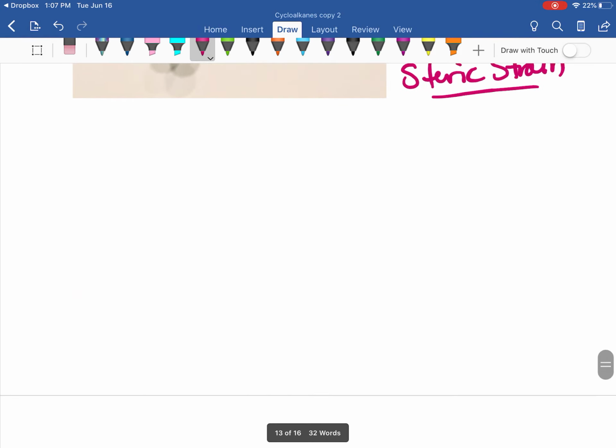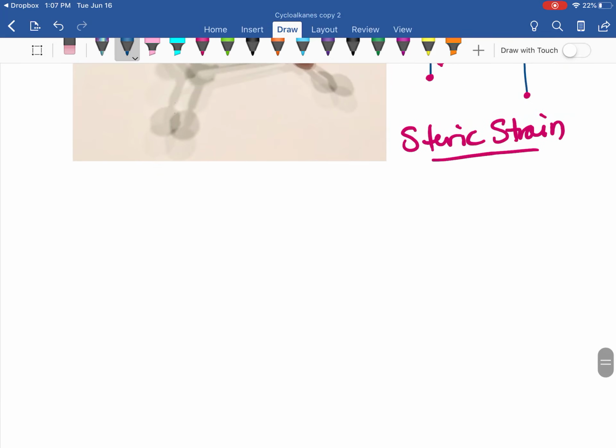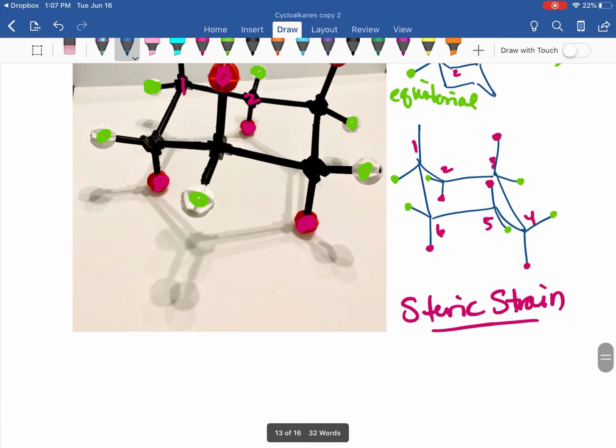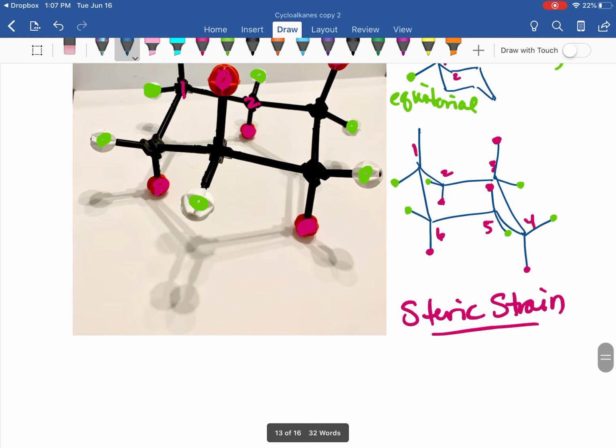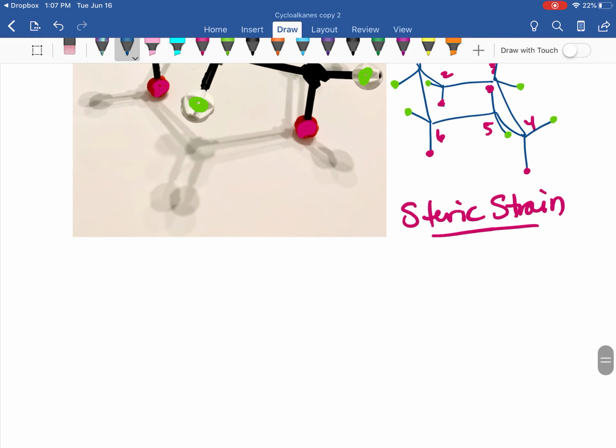All right, so I actually put together, let's draw just a little bit. Why do we care about something like steric strain? Well, let me just ask you, if I draw my cyclohexane, and then of course, you know what's coming. We'll have a 3D model set here in just a second.